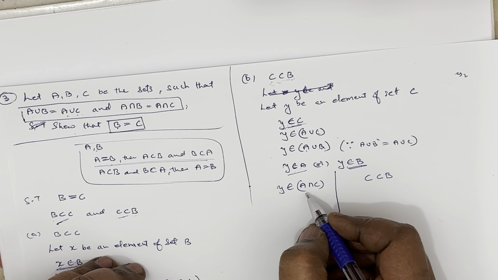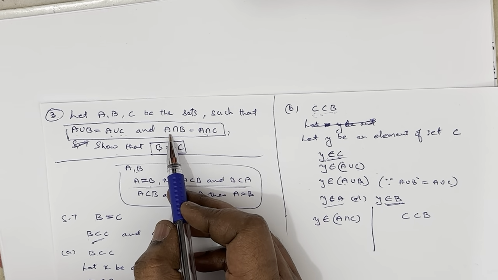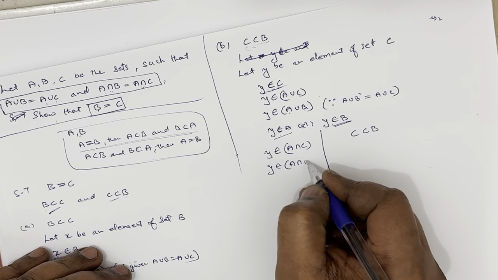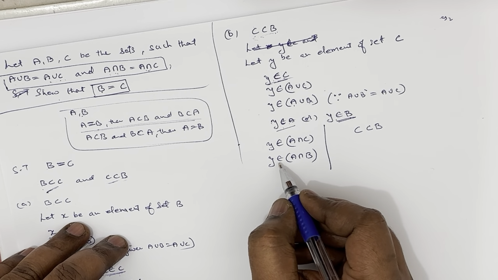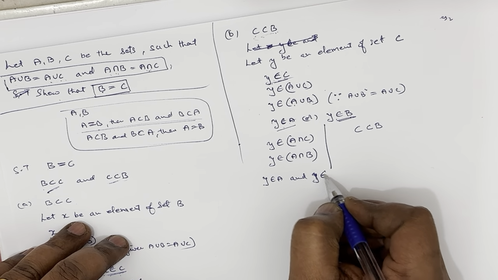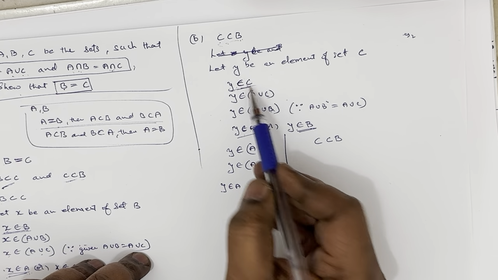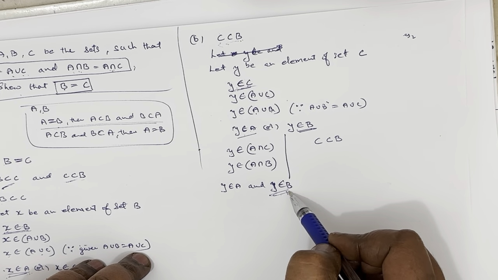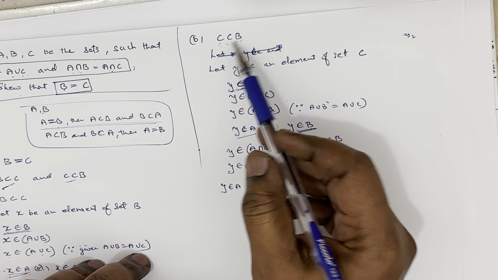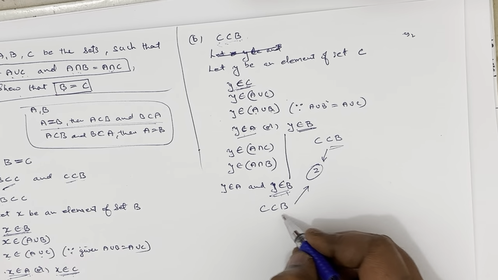Now A intersection C is equal to A intersection B, so instead of this we can write y belongs to A intersection B. So now we can write y belongs to A and y belongs to B. So we got y belongs to B. Here y belongs to C we have taken, and we got y also belongs to B. That means C is a subset of B. Again we got C is a subset of B. We have proved it, this is our second result.